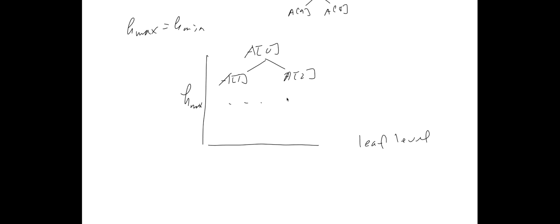How many leaf nodes could we have? Now remember, two leaf nodes will share a parent. So this is a leaf, and two of them will have a parent, which means that the leaf nodes will be at most n divided by 2.